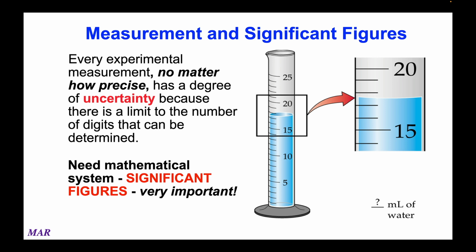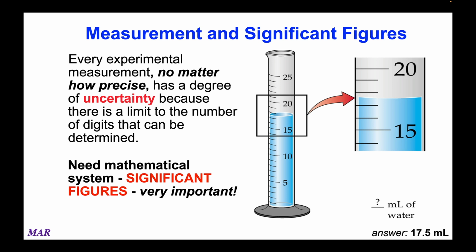So what we would do is estimate one more position beyond the lines. So we have lines to the whole milliliter, so 15, 16, 17, 18. That means we would estimate to the tenth. So I would probably say that this volume was 17.5 milliliters.